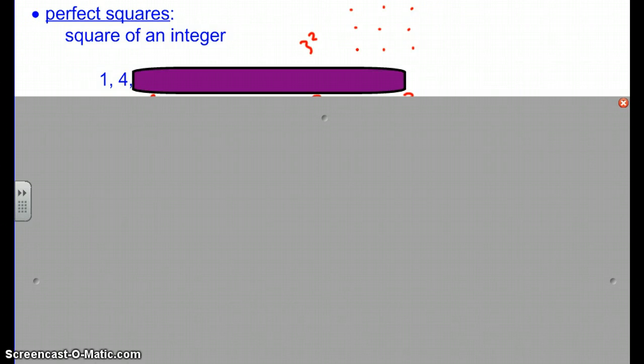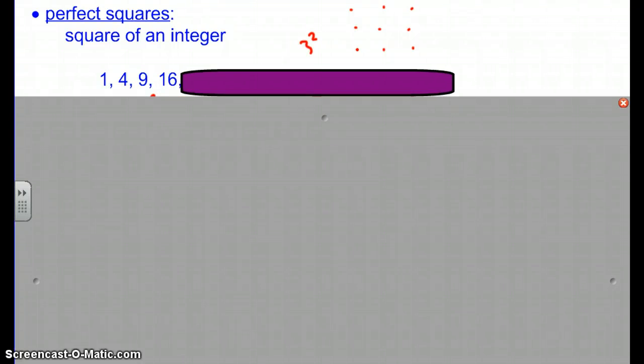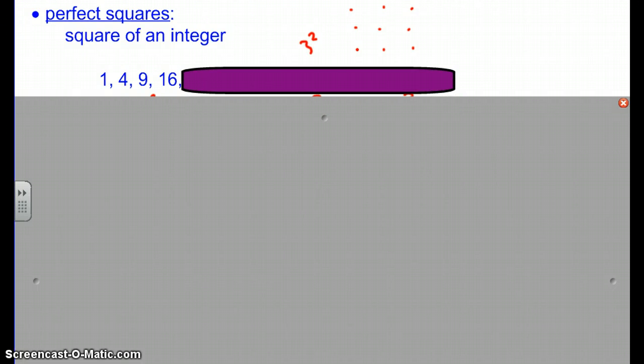Let's list the first bunch of perfect squares that exist. We can start with 1, 1 times 1 is 1, and then 2 times 2 is 4. So 4 is a perfect square. 3 squared is 9. 4 squared is 16. 5 squared is 25.